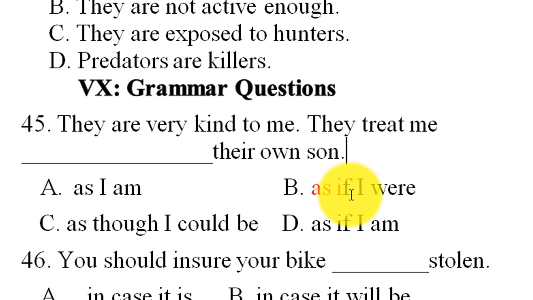For instance, they treated me like I am their son. Look here: I am their son is a clause, subject plus verb structure. But when you use as if and as though, they are not followed by a clause, rather they are followed by phrases: they treated me as if their own son.